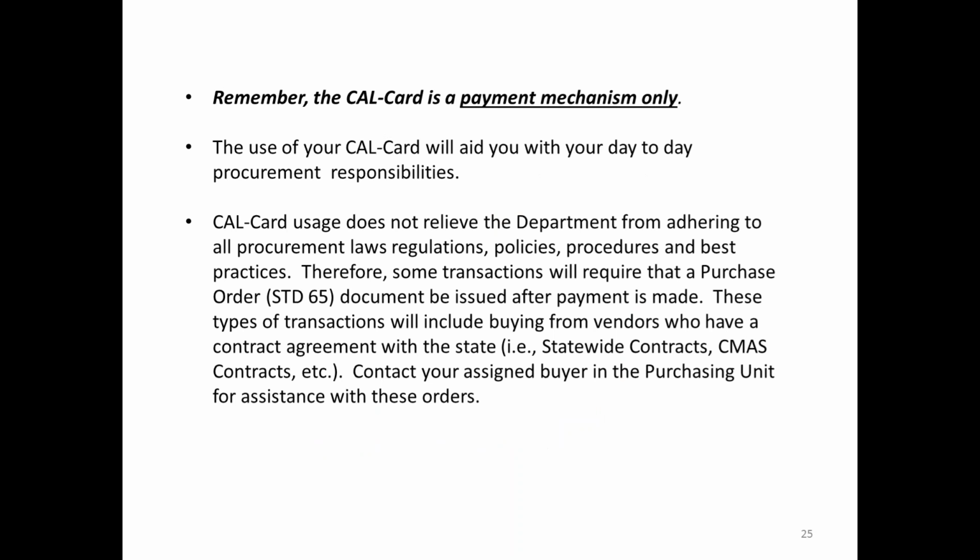Therefore, some transactions will require that a purchase order Standard 65 document be issued after a payment is made. These types of transactions will include buying from vendors who have a contract agreement with the state, statewide contracts, CMAS contracts, and WSCA, etc. Contact your assigned buyer in the purchasing unit for assistance with these orders.